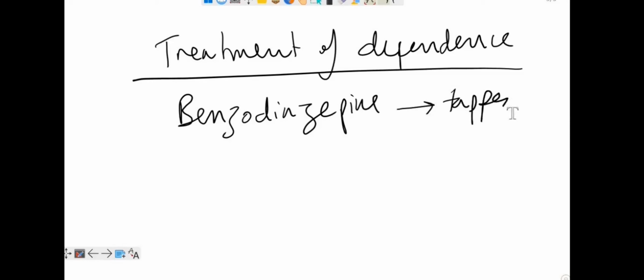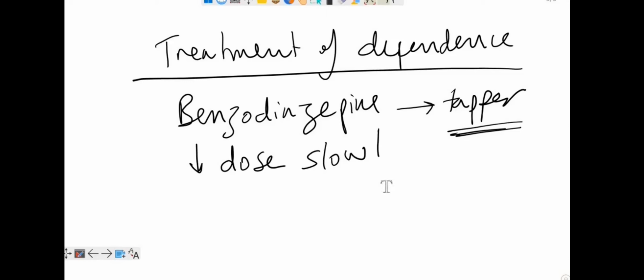They slowly decrease it, which is called dose tapering, until maybe it takes months. Decrease the dose slowly. This process will take months of therapy. Okay? So these are the benzodiazepines, their effect, their clinical use, their tolerance, and physical dependence.